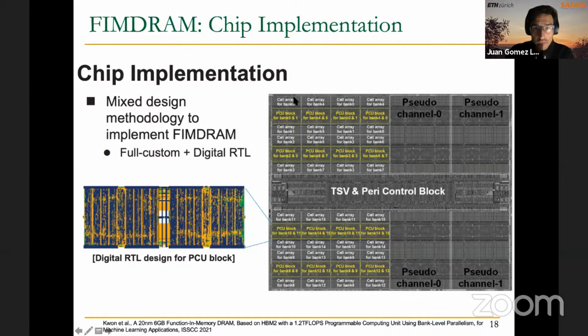In the middle of these two banks, we have one PCU block, and this PCU block has access to all the data in bank 0 and bank 1. You can also identify two other pseudo channels here on the right-hand side, and in the middle we have the TSV and the block for peripheral control.